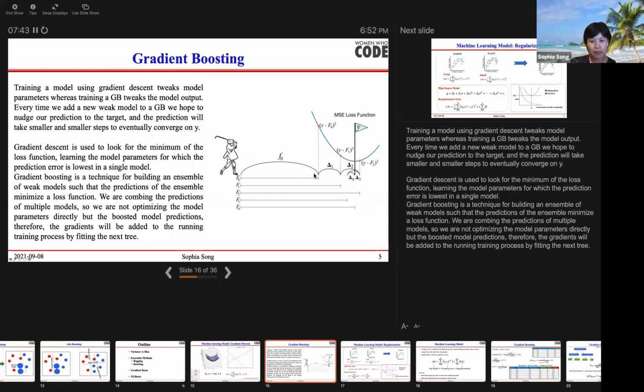When you build the next model, the difference between your prediction value and the target value becomes closer. When you build another model, it is closer still. So it's step by step: the loss function becomes smaller. That's the general idea. That's how gradient boost works.